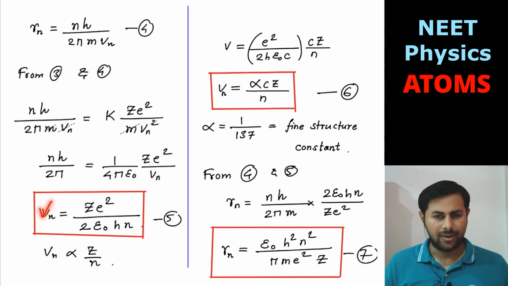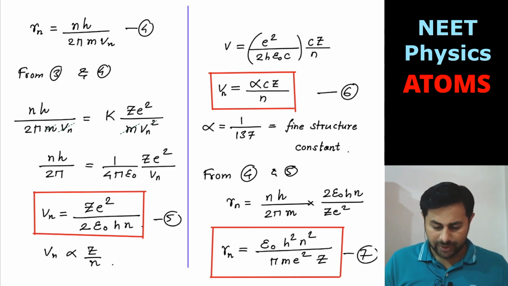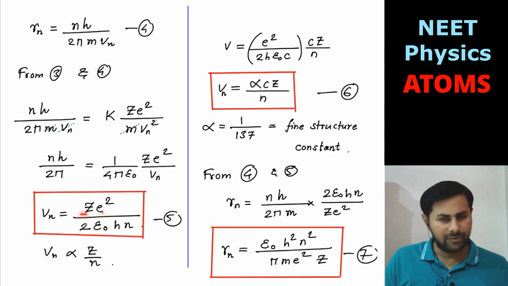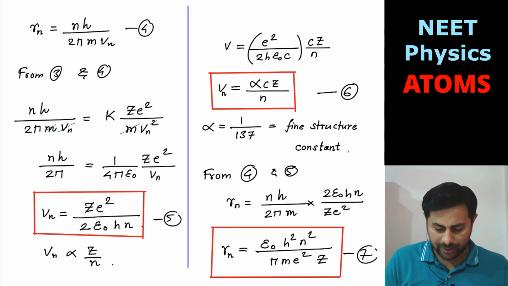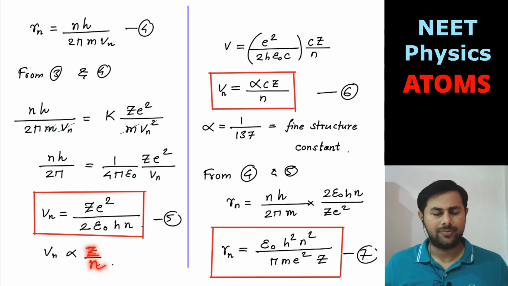So Vn, the speed of electron in the nth Bohr orbit, is equal to z square divided by 2 times epsilon naught hn. You also need to remember that Vn is proportional to z by n.